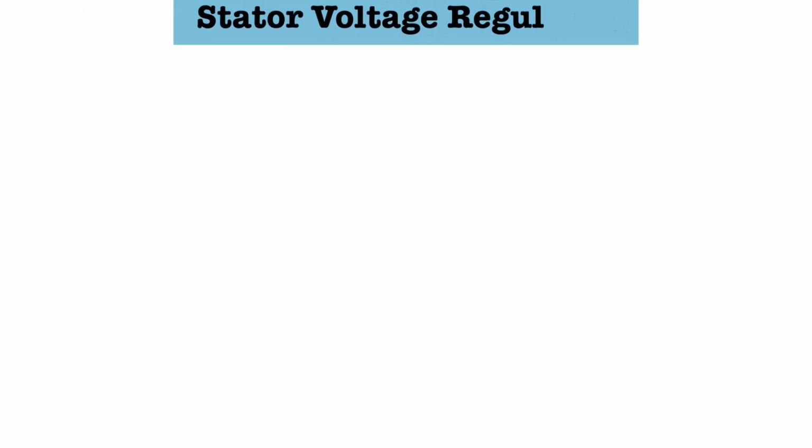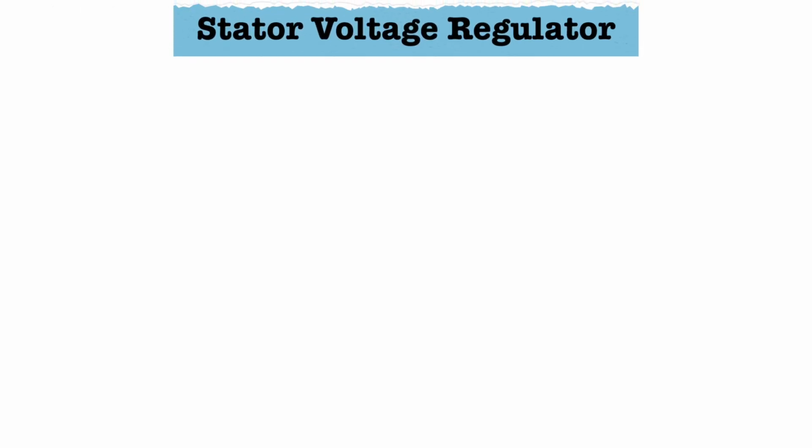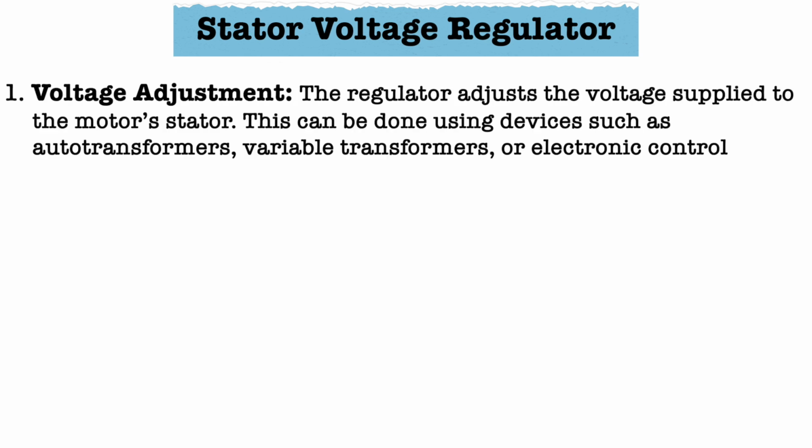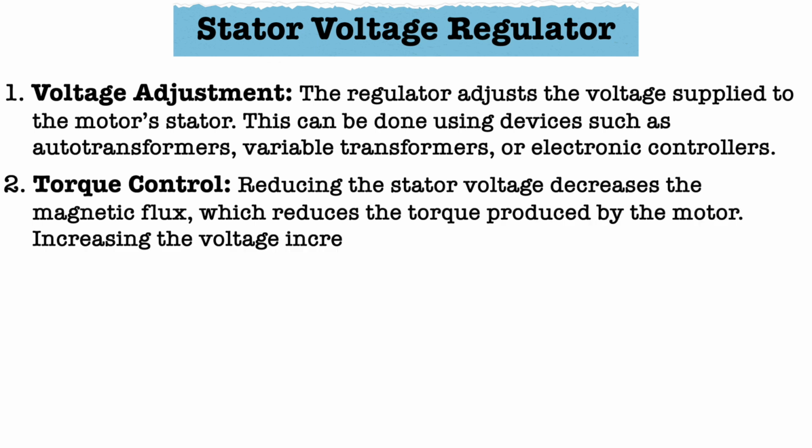Now, next topic is stator voltage regulator, in which we first see voltage adjustment. The regulator adjusts the voltage supplied to the motor's stator. This can be done using devices such as auto transformer, variable transformer or electronic controller. Next is torque control.